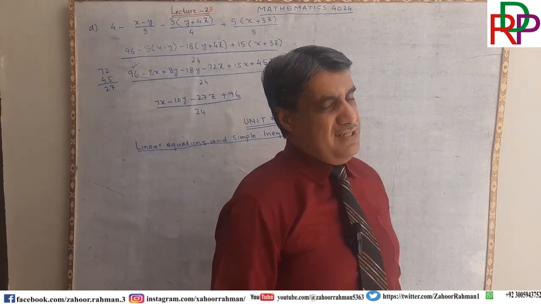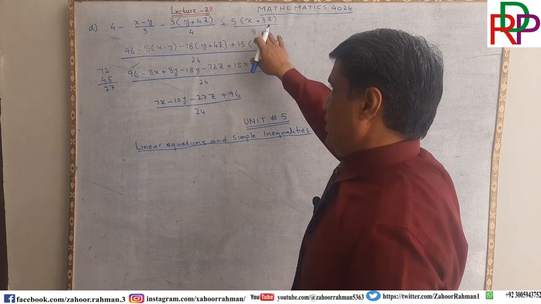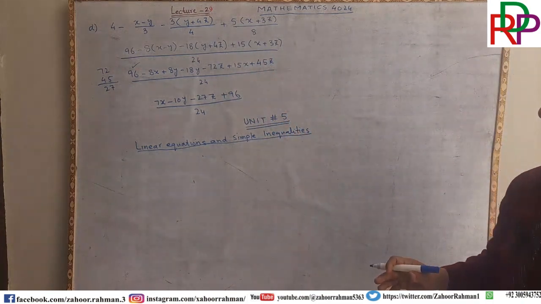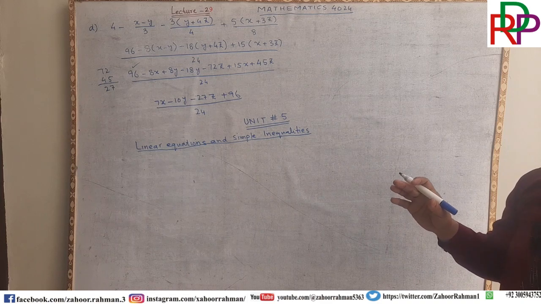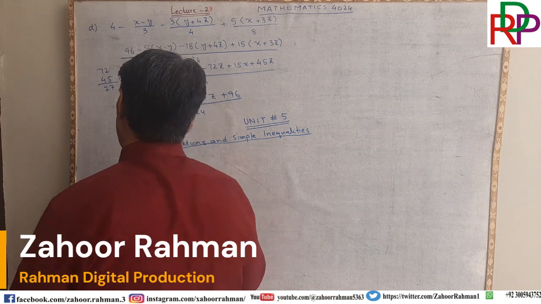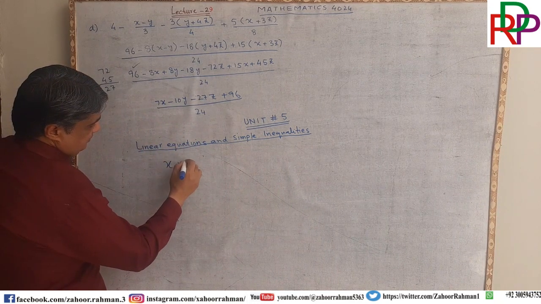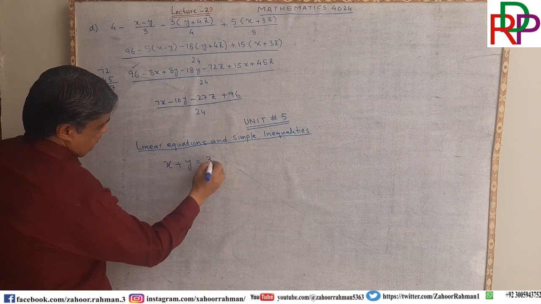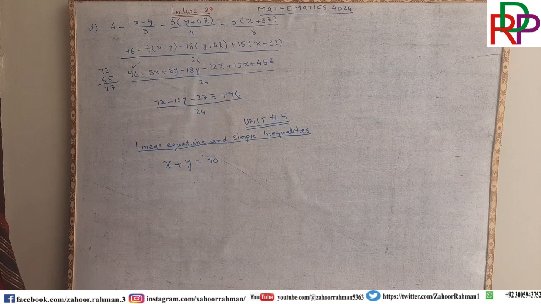Remember, ladies and gentlemen, that in this case there is no equal sign, so this is called an expression. When there is an equal sign, for example, x plus y is equal to 30, then this is an equation.